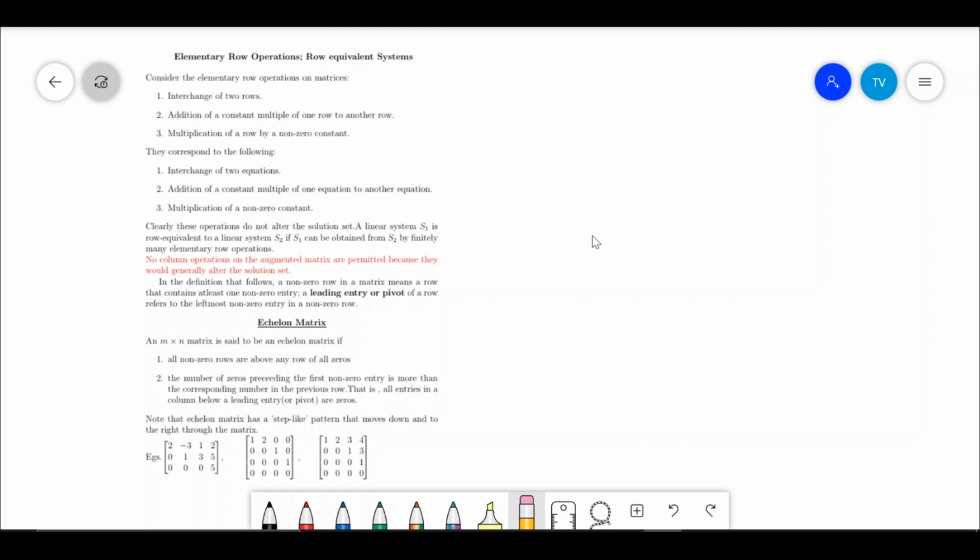So let me give you the same example which I have given you earlier. Let me write down those equations. 2x plus z equal to 3, then x minus y minus z equal to 1, then 3x minus y is equal to 4. So the three equations in three unknowns.